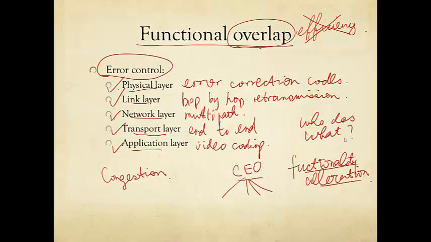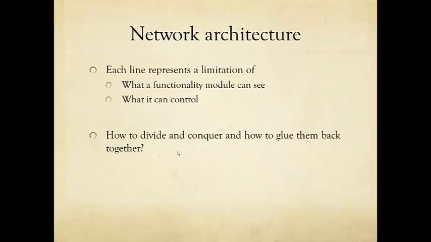At what time scale, and how to glue them back together. These are the 5 departments, for example, and your job is to coordinate their functionalities. Okay. That is the question of network architecture. Architecture is a heavily loaded, fuzzy word, but we're going to use it to denote this functionality allocation.